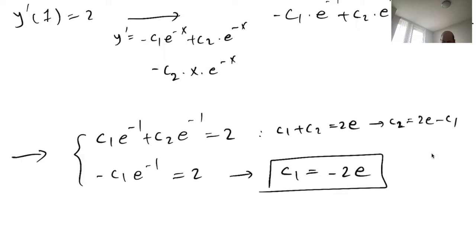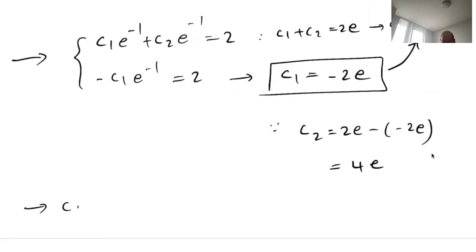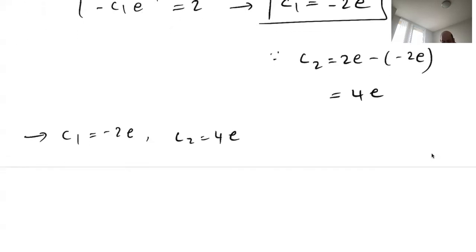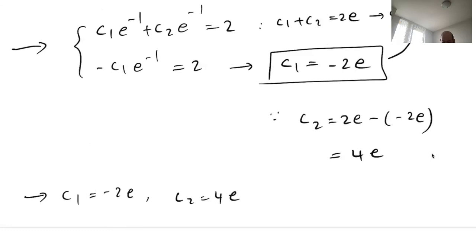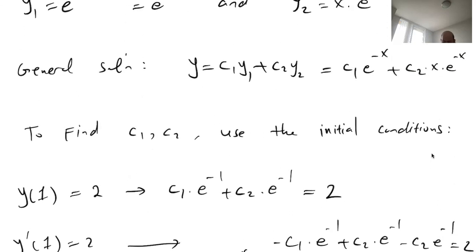So if I substitute this back here, then c2 will be 2e minus minus 2e, and that's 4e. So we found c1 to be minus 2e and c2 to be 4e, and then y will be equal to c1 e to power minus x plus c2 x e to power minus x.